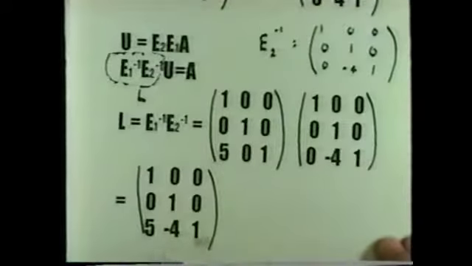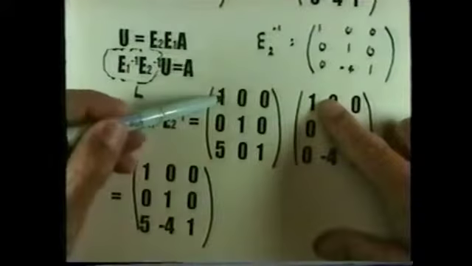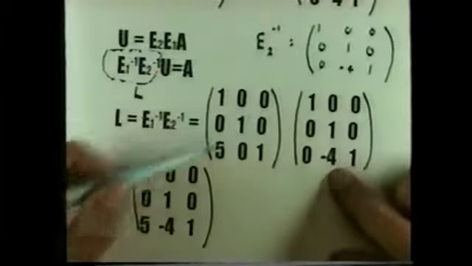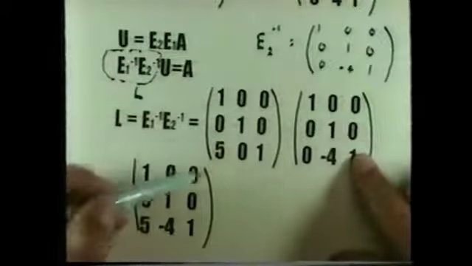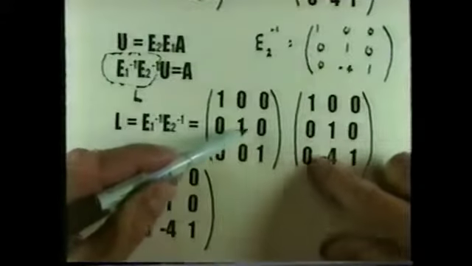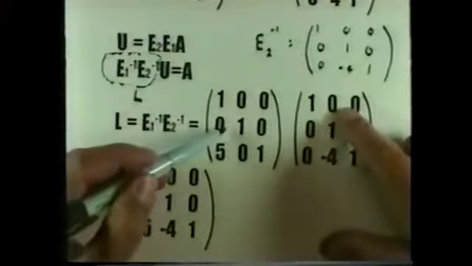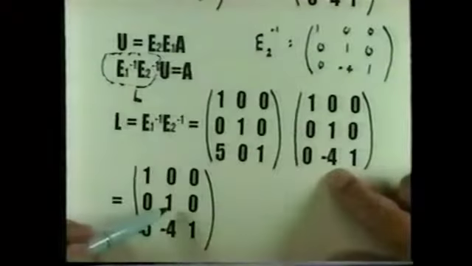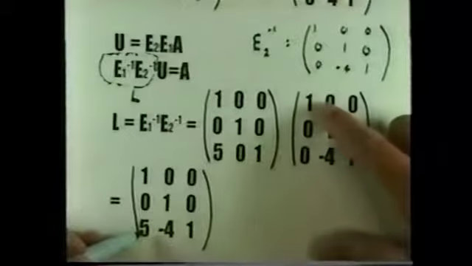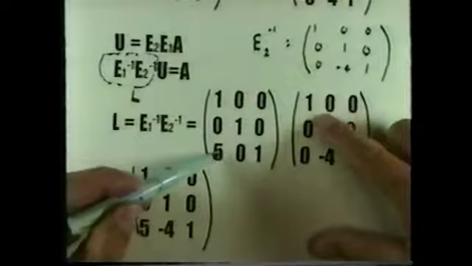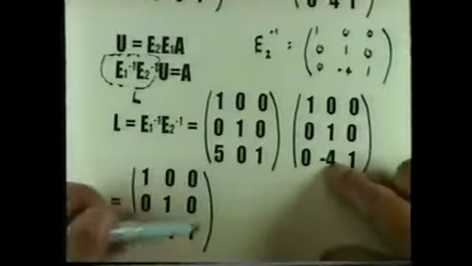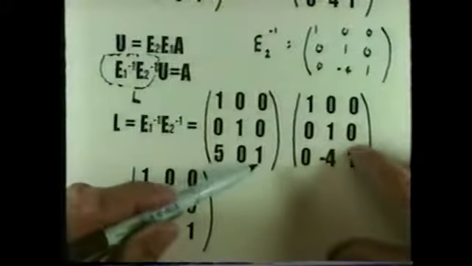Just doing your matrix multiplication. 1 plus 0 is 1, and so on through the entries.